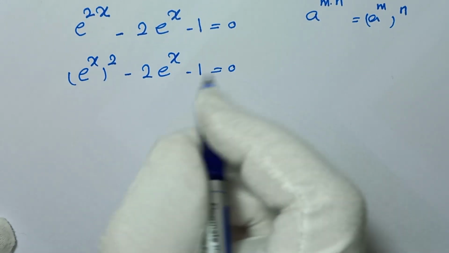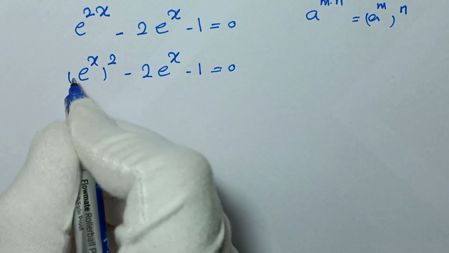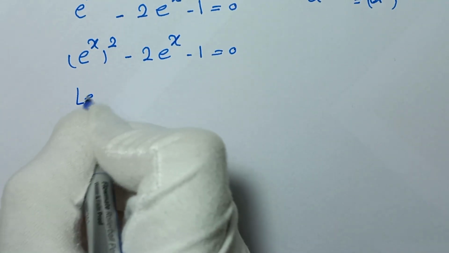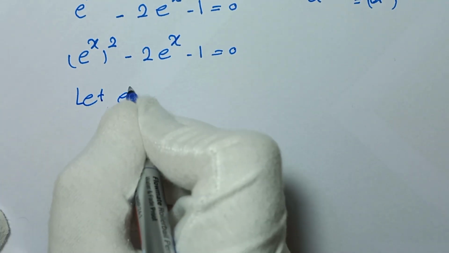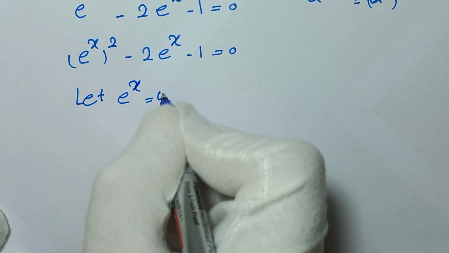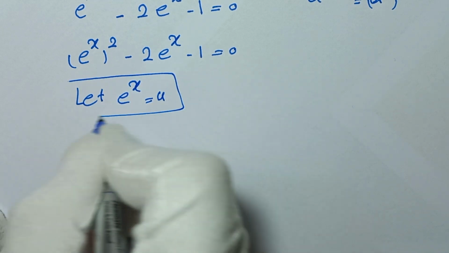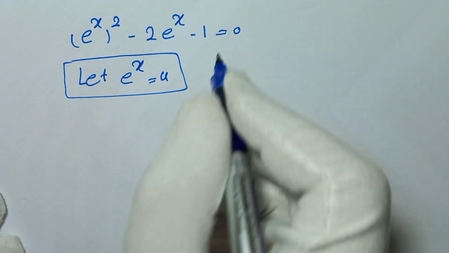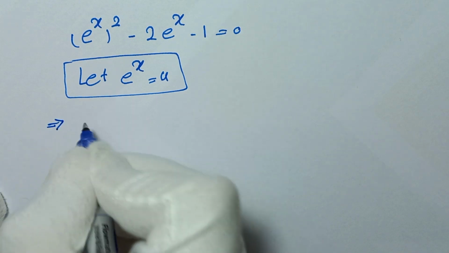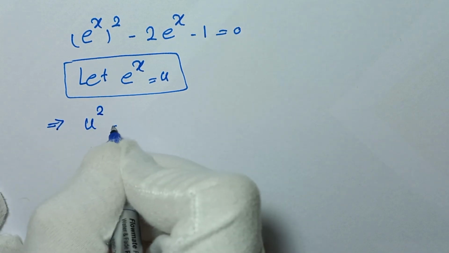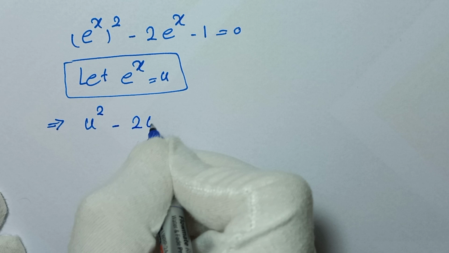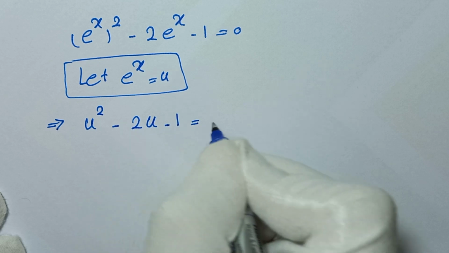And here e^x is common, right? So we let e^x be u. So we rewrite this equation, and it will be u^2 - 2u - 1 = 0.